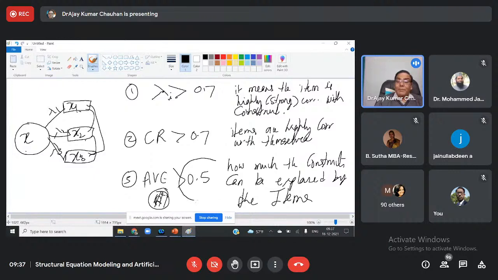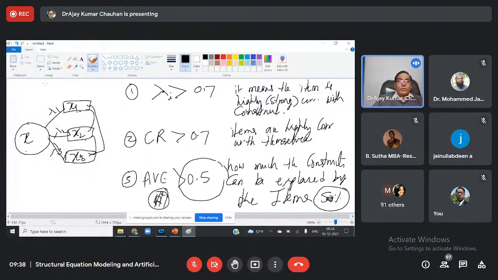The answer is minimum 50%. If items are not explaining the construct by 50%, it means we don't have the presence of convergent validity. So we have 3 points to check the presence of convergent validity.